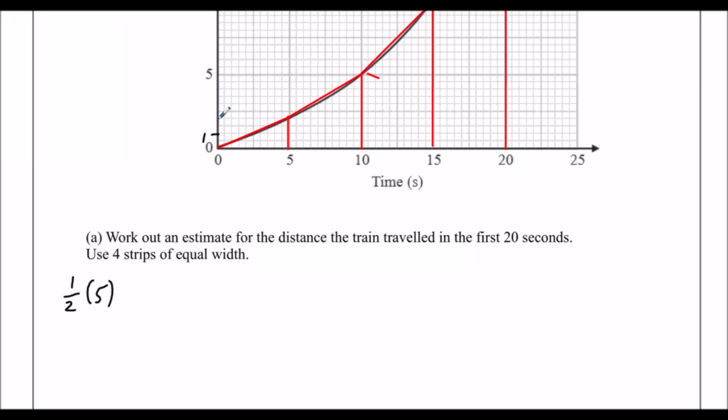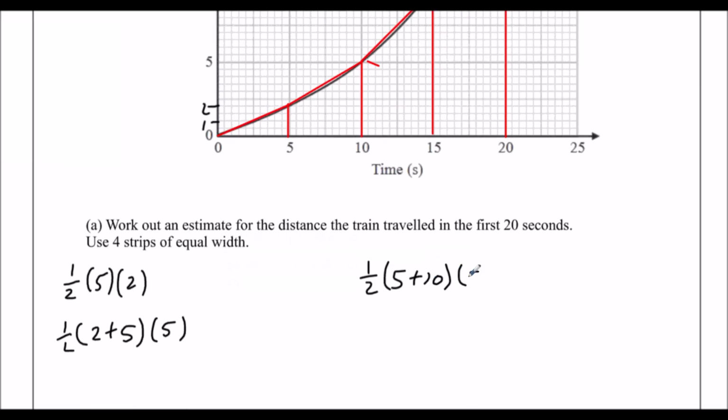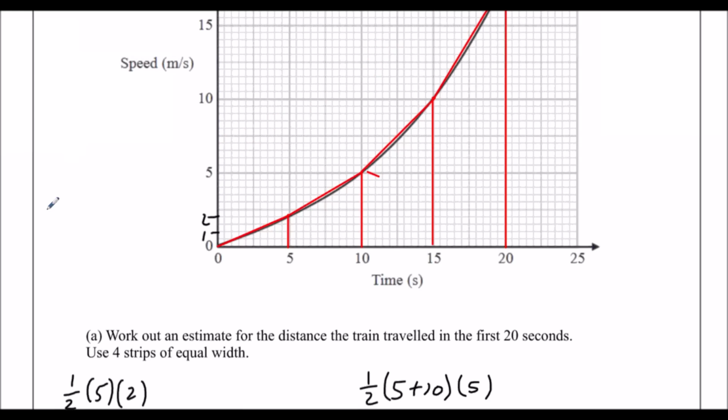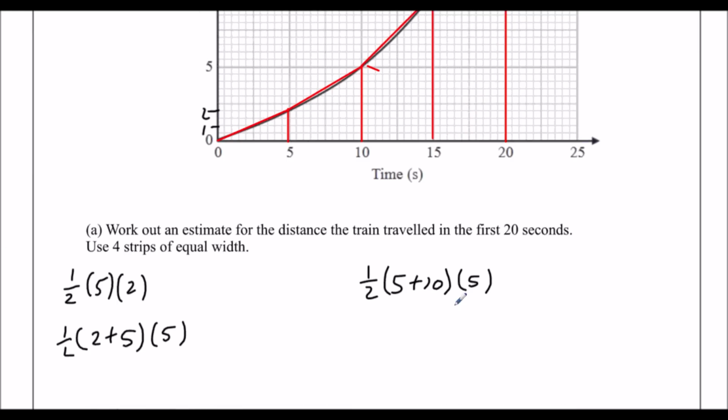We've got a trapezium, so half the sum of the parallel sides times the distance between them. So half of 2 plus 5 times the distance between them, which is 5. For the third one, half of 5 plus 10 times 5 again. And the fourth one, half of 10 plus 18 times 5 again.